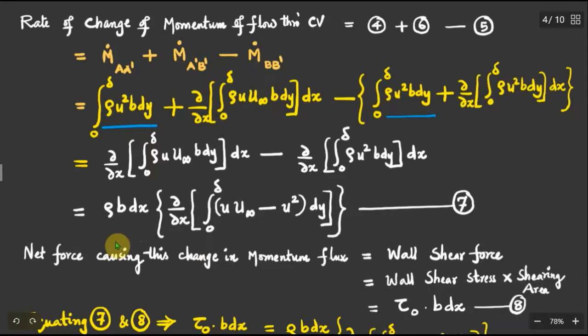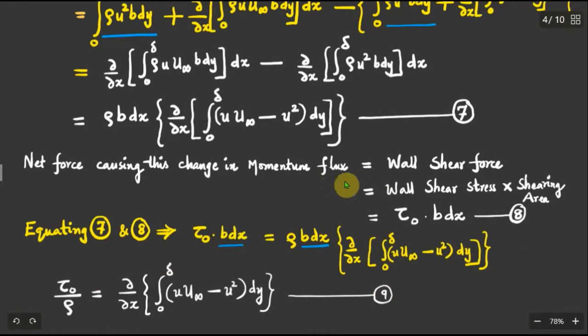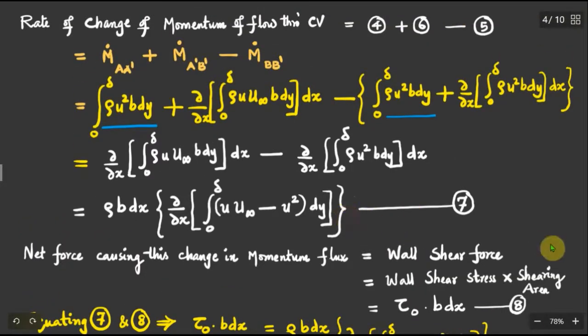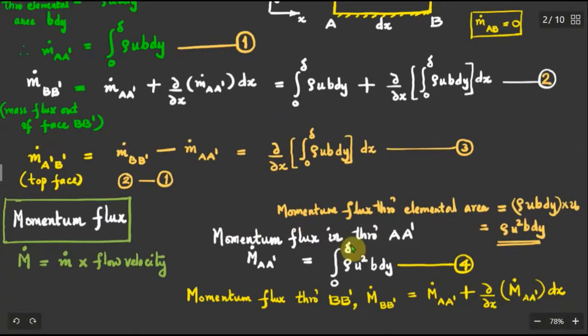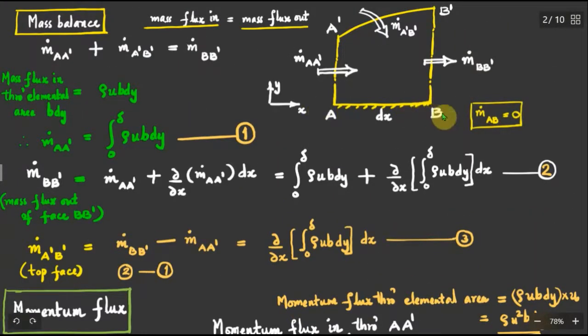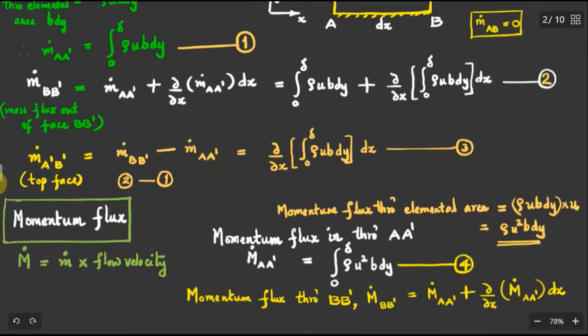This rate of change of momentum of flow through the control volume must be equated with the net force causing this change of momentum. The net force causing this change in momentum flux is actually the wall shear force alone, because we are not considering the pressure gradients. So we consider the wall shear stress acting on the surface AB, multiplied by the shearing area.